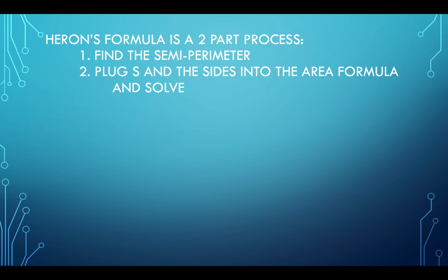So Heron's formula is a two-part process. First, we got to find the semi-perimeter. Then, once we find our semi-perimeter, which is S, we got to plug S in and all of the given sides into the area formula and solve. So first, you do S is equal to 1/2 times A plus B plus C. Then, once we find S, we're going to plug S into every single spot there's an S in that area formula.